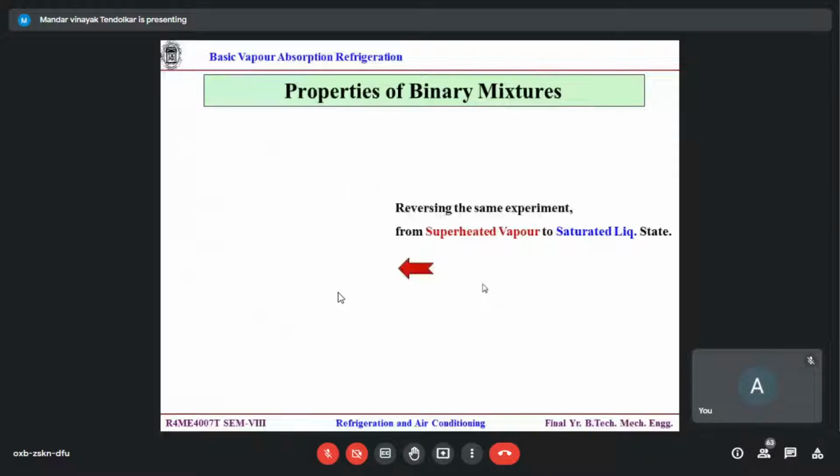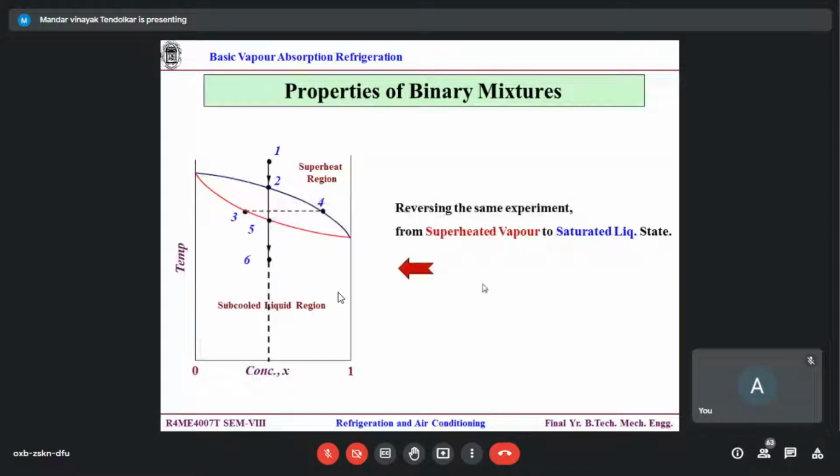Now you reverse the direction, as I had said. So for the same concentration, you will retrieve the same path. Fine. And instead of 1 to 6 in the upward direction, now I have written 1 to 6 in the downward direction. Or you can say 6 to 1 in the downward direction. Doesn't matter. Basically, it would be the reverse process, so that is condensation. Nomenclature can be anything. Fine.